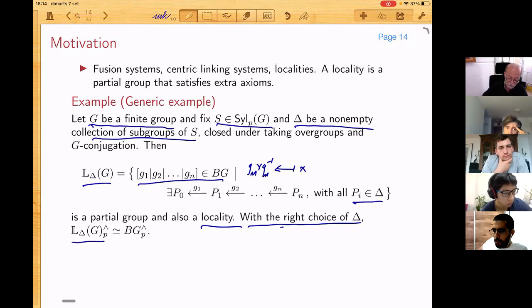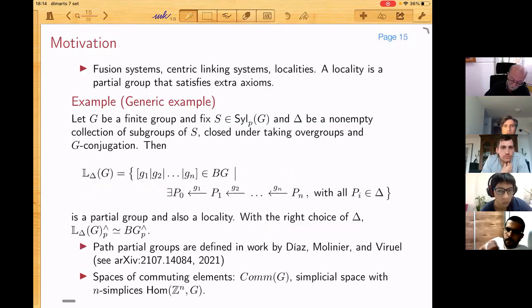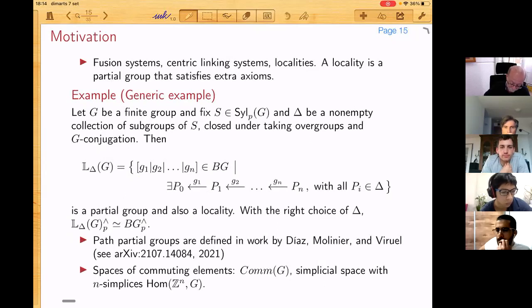And this theory allows you to build classifying spaces for such exotic fusion systems. But I'm happy to tell you more about that if you have some questions.